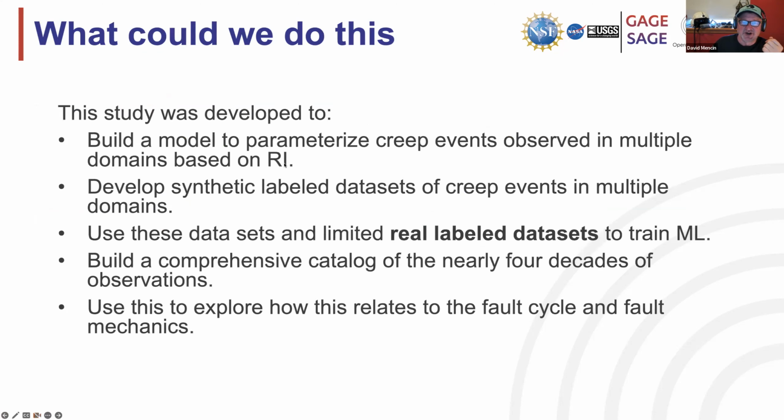So what could we do with this? And I'm trying to keep this fast because I think we need to talk about this. This study that I'm talking about, which is still in process, was to build a model to parameterize these creep events in multiple domains based on real world intelligence, not AI. We have about 75 creep events from the real world that we're using to build this model.